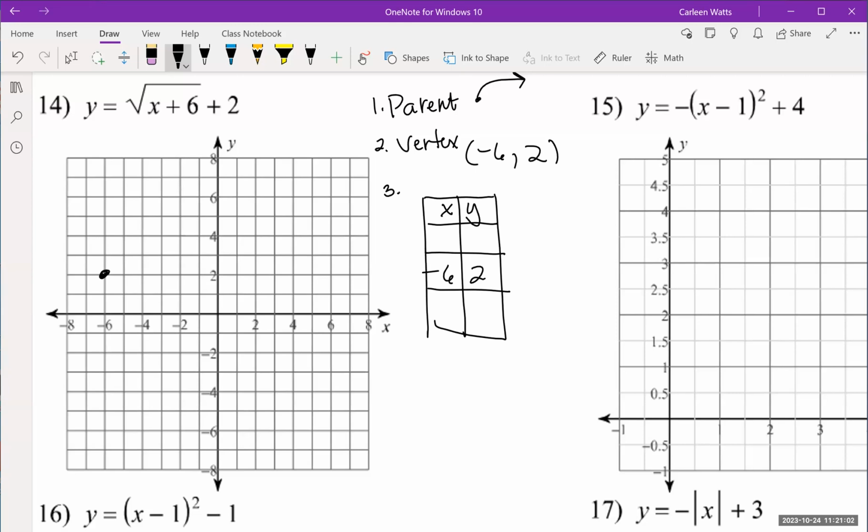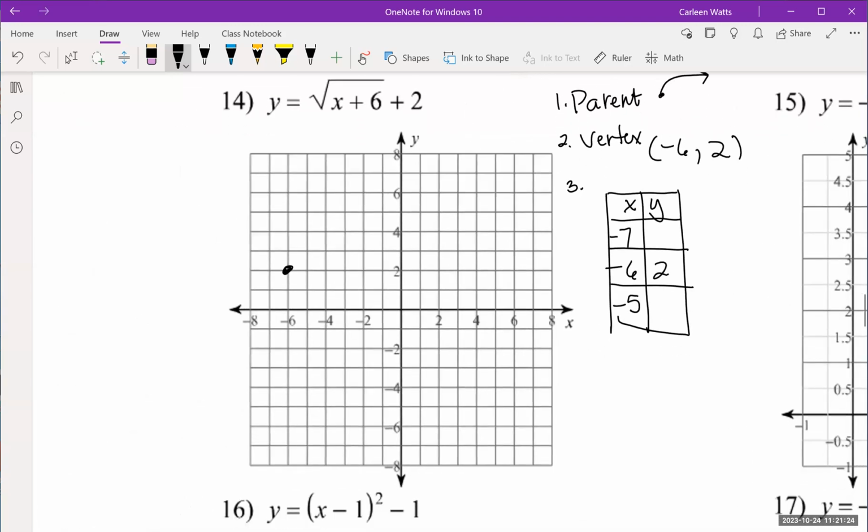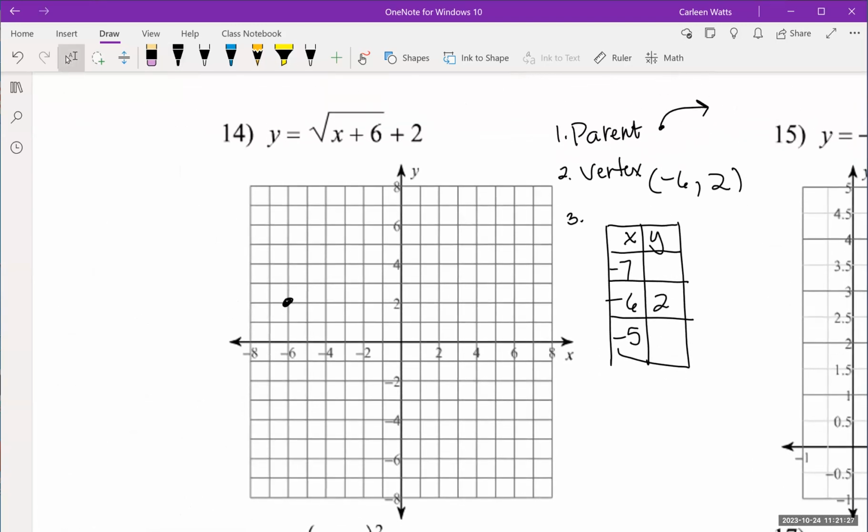So what other points should go into my table? X equals -5. I'm going to put that there. And -7. Yeah, one to the left, one to the right. Okay, so let's plug in y equals square root of -7 plus 6 with an outside +2. -7 plus 6, square root of -1 plus 2.